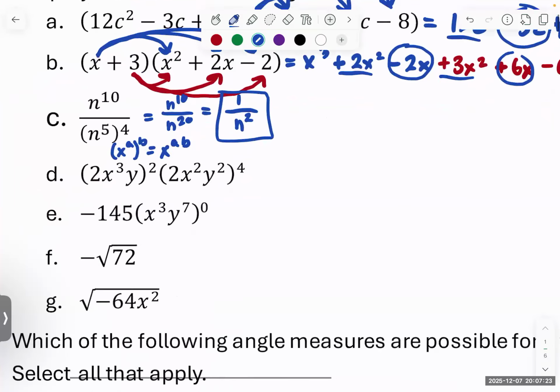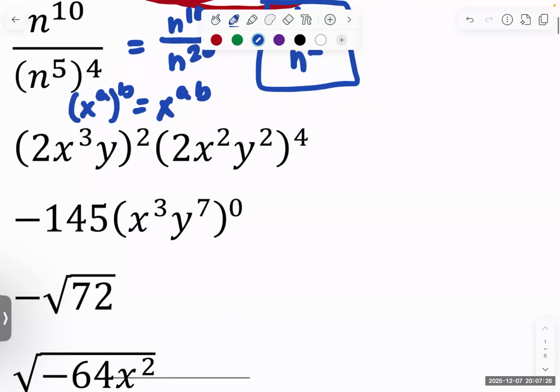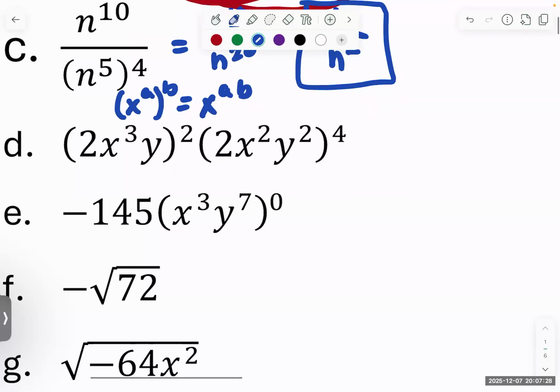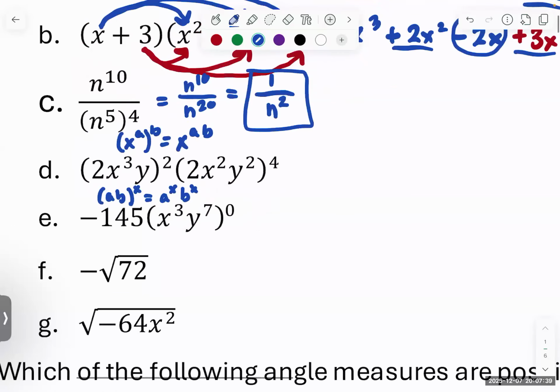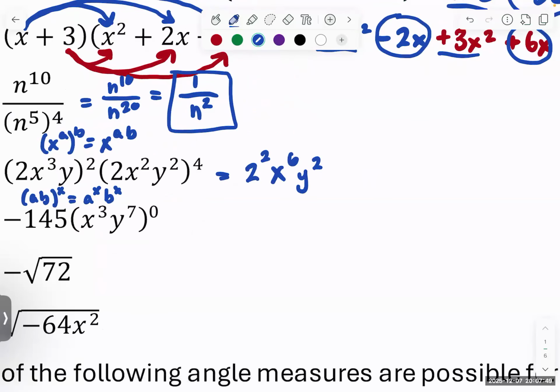All right. Now for this one, if you have a times b to the power x, this is equal to a to the power x, b to the power x, so you can distribute the exponent. So this is equal to 2 to the power 2 times x to the power 6 times y to the power 2, times 2 to the power 4, x to the power 8, y to the power 8.